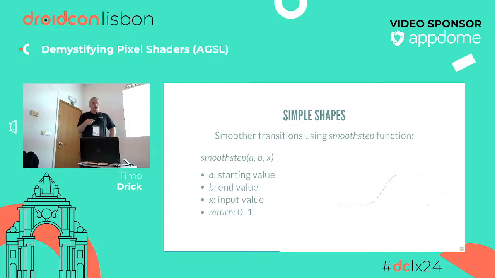You provide a starting value and an end value, and the input value itself, and then it will return a value between 0 and 1. But it's not linear. At the beginning of this range, it will slowly start to increase, and then at the end, it will also do a smooth transition.